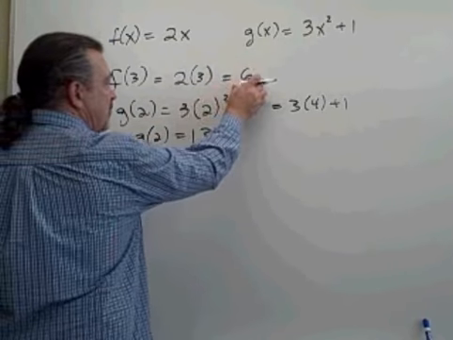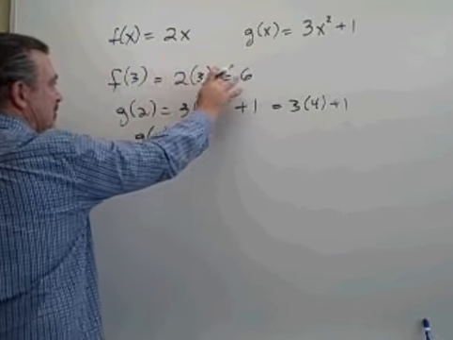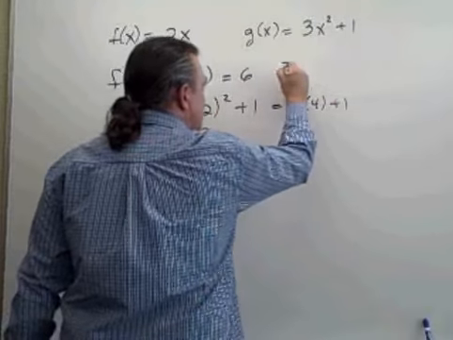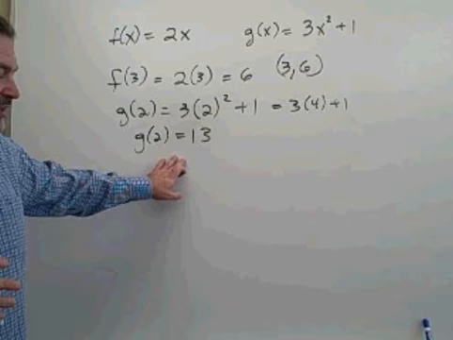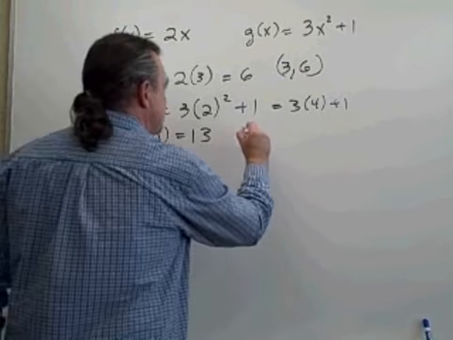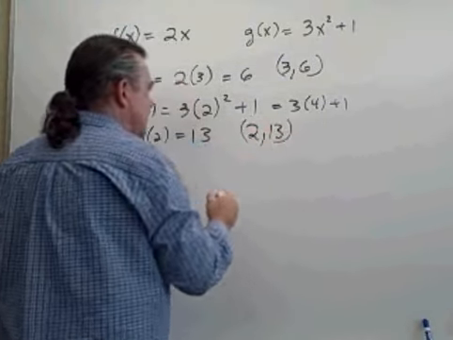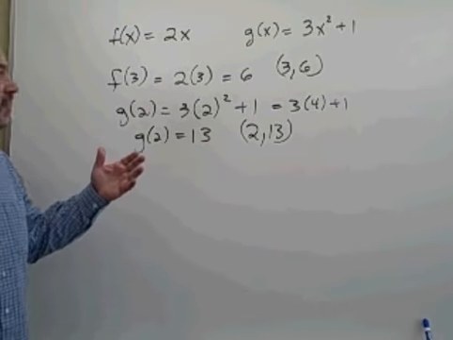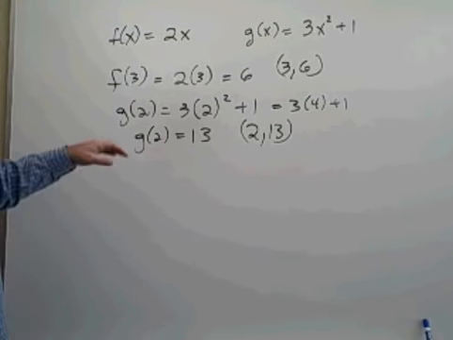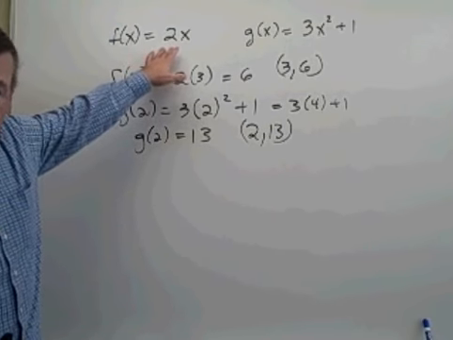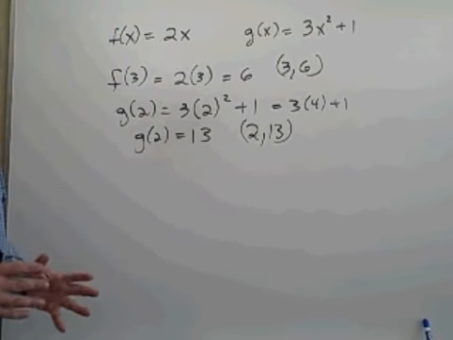So the ordered pair that we would create here for the function f would be the ordered pair (3, 6). The ordered pair that we've created here for the function g would be the ordered pair (2, 13). And that's how we could get some ordered pairs if we wanted to sketch the graphs of those functions. Of course, we know this is a linear function. Its graph is always going to be a straight line.